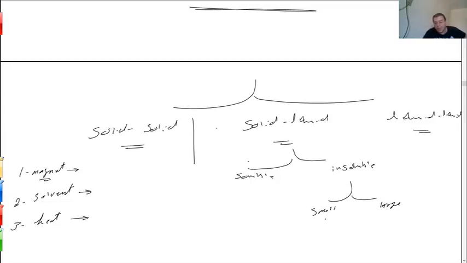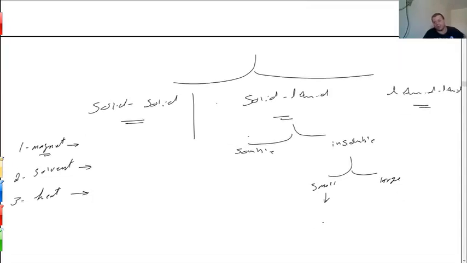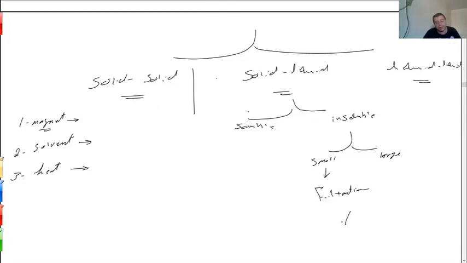If it is a small size particle, you're going to use the filtration process. Filtration: a filter funnel with a filter paper. The residue remains here, the filtrate goes down here. The insoluble one stays here.